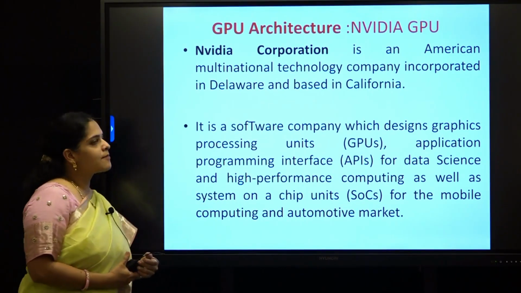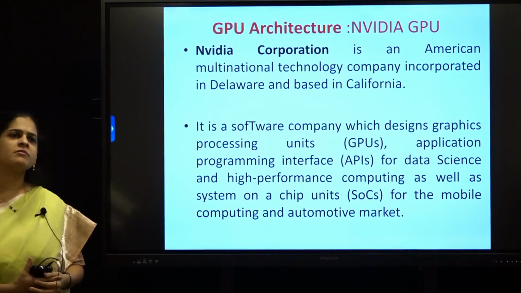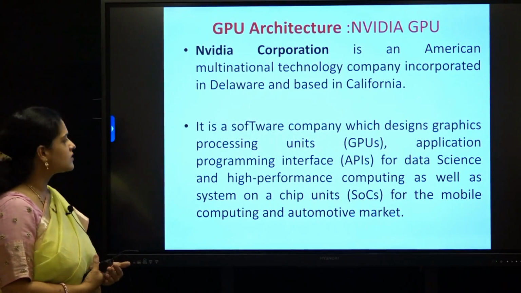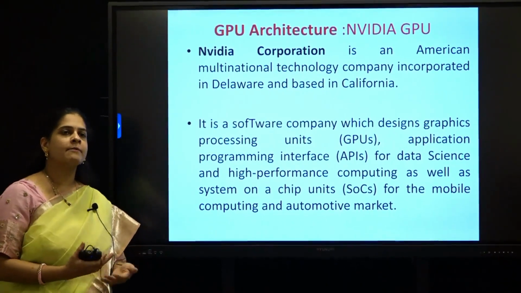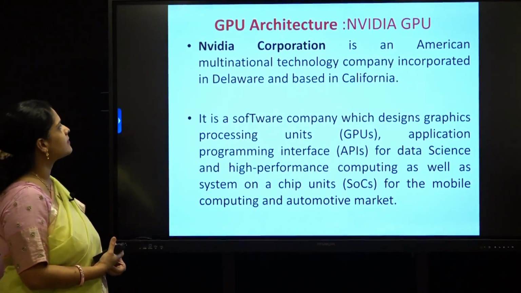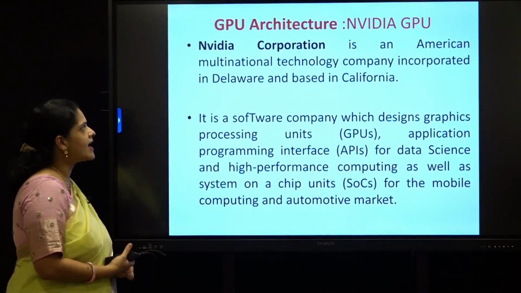There are different types of GPUs from different companies available, Intel GPU, NVIDIA GPU. Different companies have manufactured their own GPUs, and we are here considering a GPU manufactured by NVIDIA.